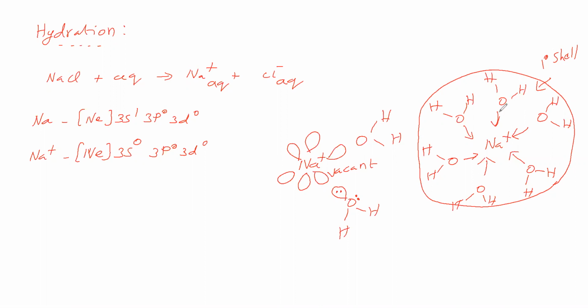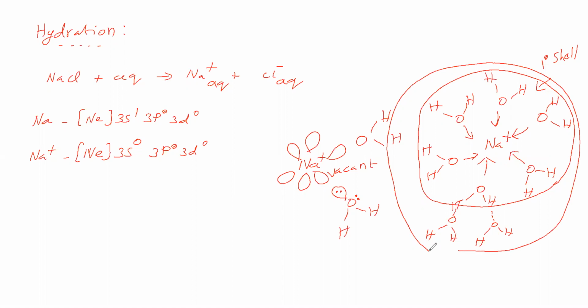Next, water molecules come for hydrogen bonding. Through hydrogen bonding, the primary shell is surrounded by water molecules. Now it is another shell, called the secondary shell.